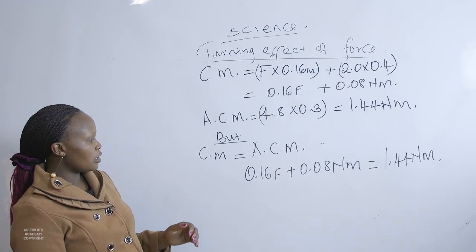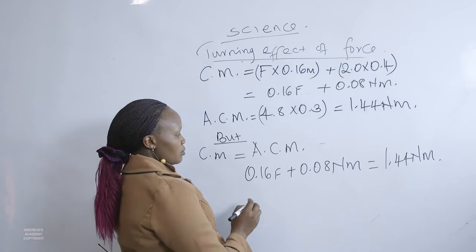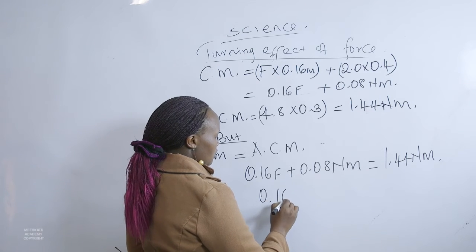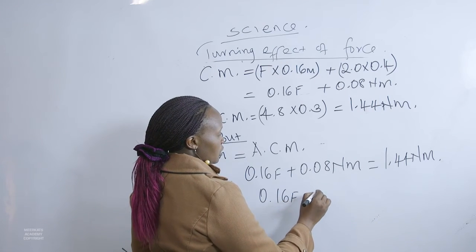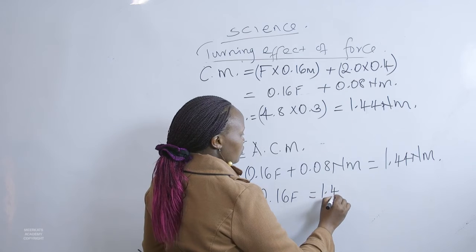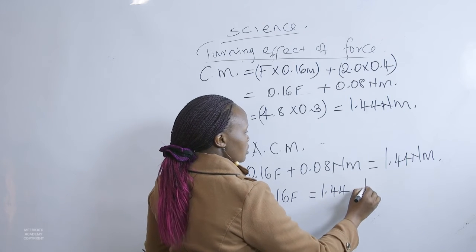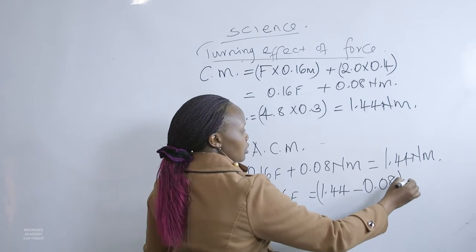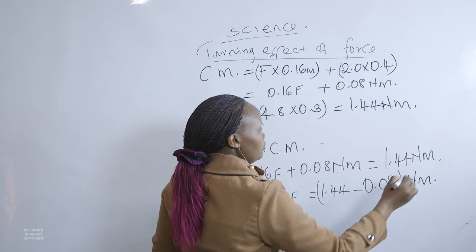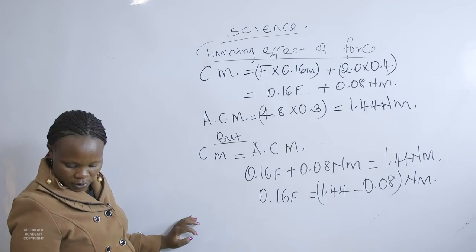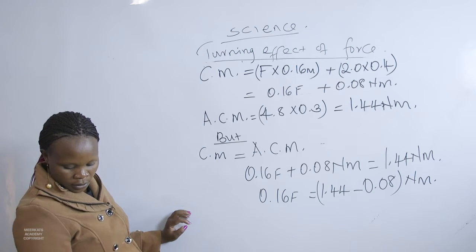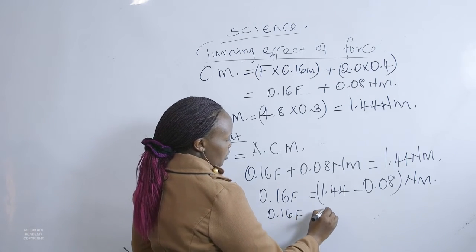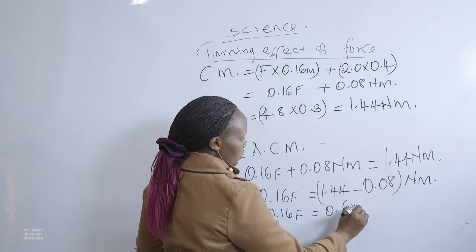Let us collect the like terms so that 0.16 F is going to be given by 1.44 minus 0.08. These are Newton meters. So that now our 0.16 F will be equal to 1.36 Newton meters.